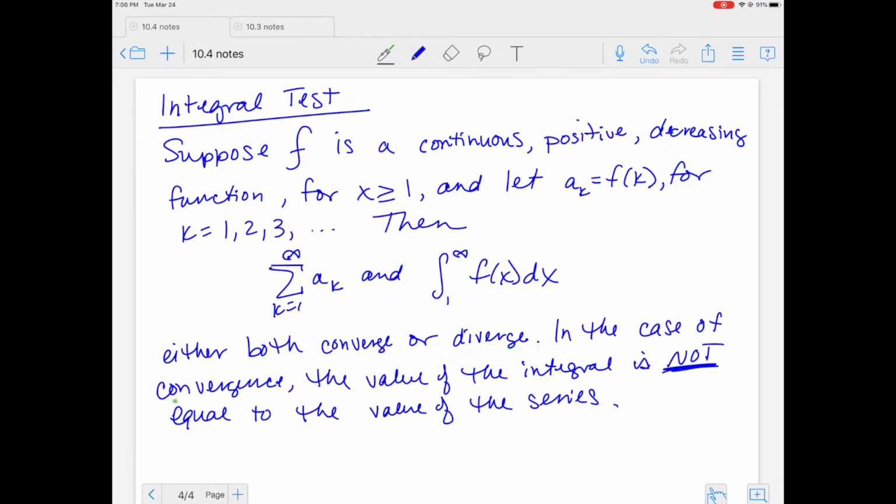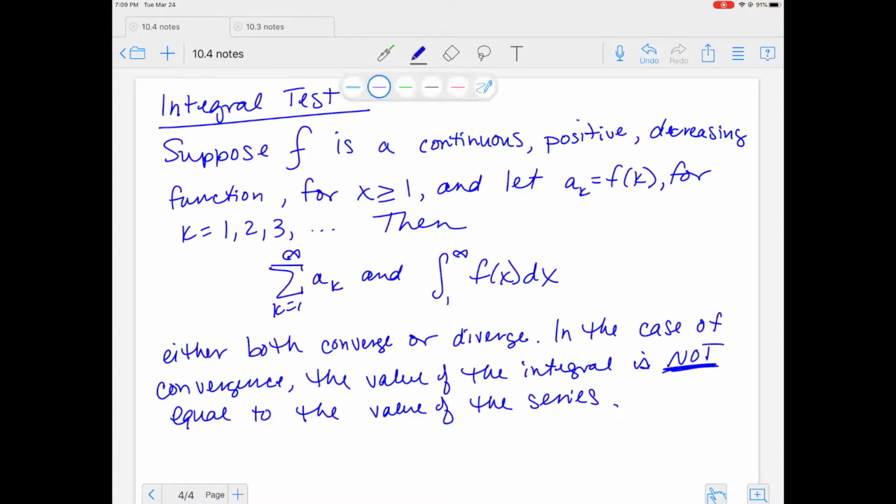If they do converge, the value is not the same. Literally, we're back to that same thing. The only thing we are determining is convergence. That's it. Not the value. The only time you get a value of a series is if it is a geometric series or a telescoping, right? That's not what the integral test does.